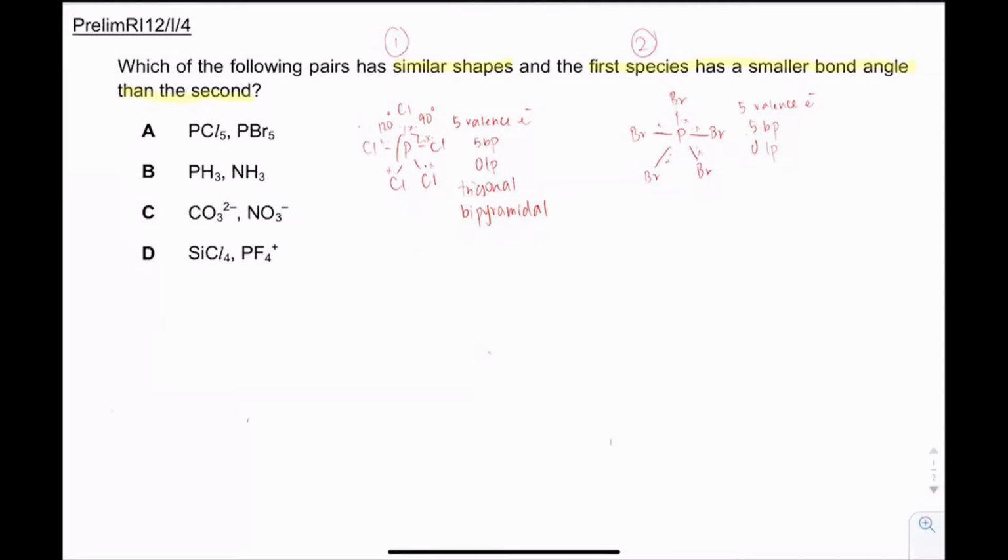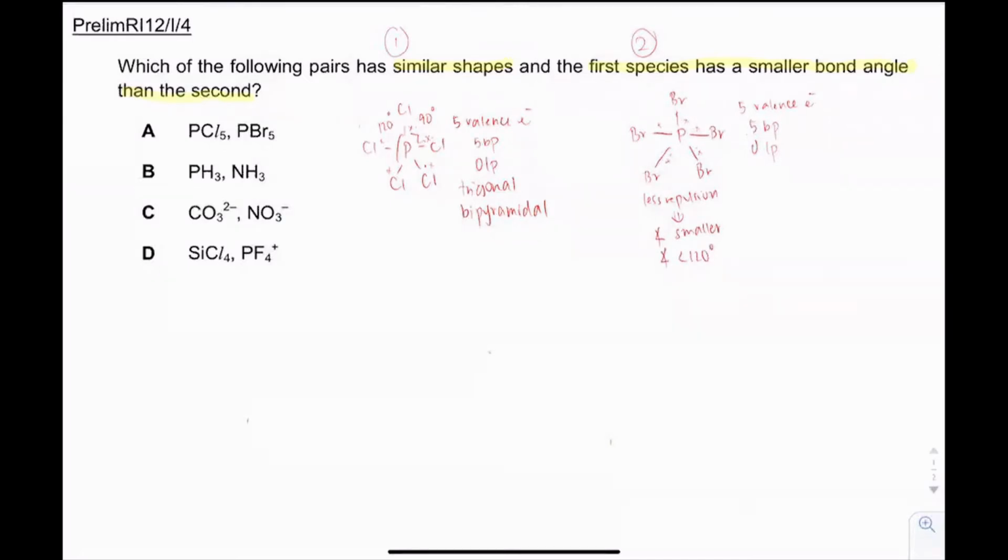Okay, now let's think about it. So PBr5 has a longer bond length. So if I have longer bond length and the electrons are closer to the middle point, this means that they're not so close together and face less repulsion. So if it faces less repulsion, it means that the bond angle is smaller than 120.